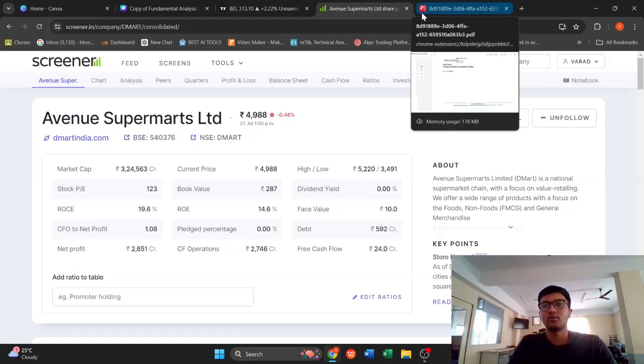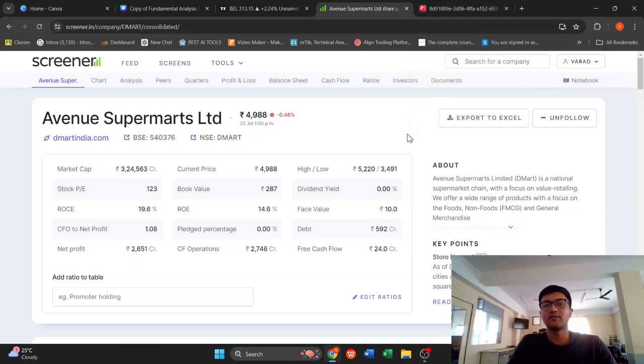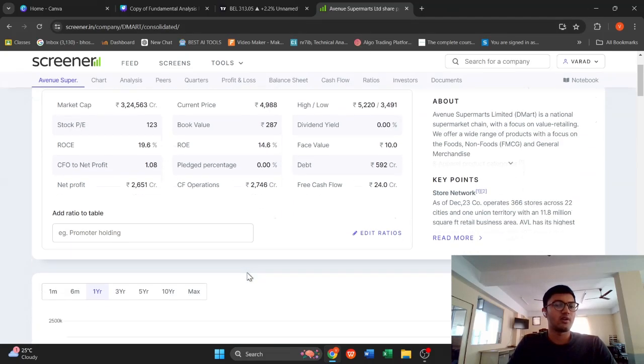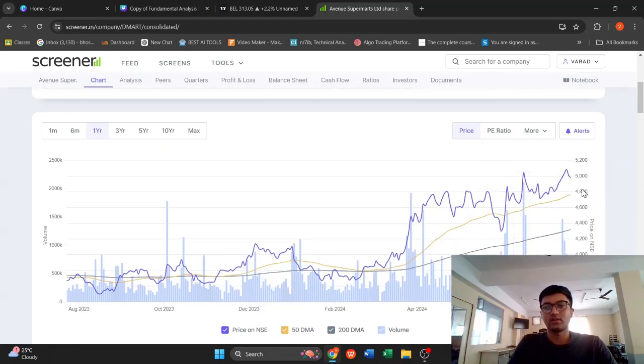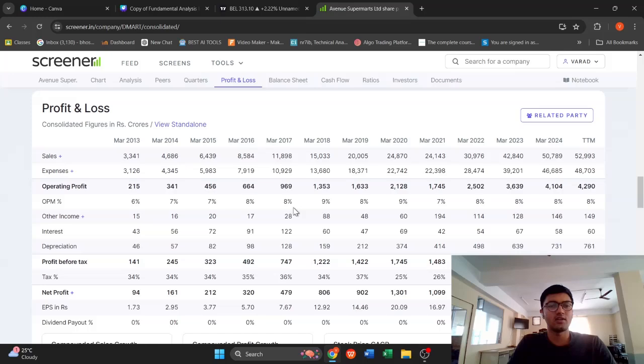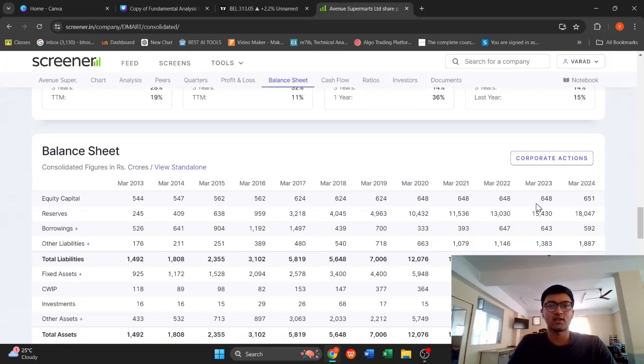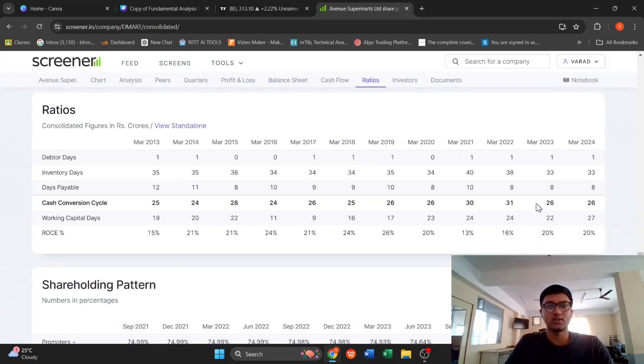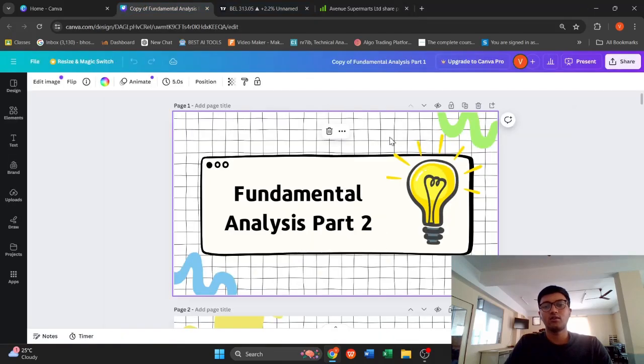But this particular website takes the data directly from the company's annual reports, I hope, and you can rely on it. This is a good go-to analysis that you can use to analyze a company using the profit and loss statement. Let's continue to our topic.